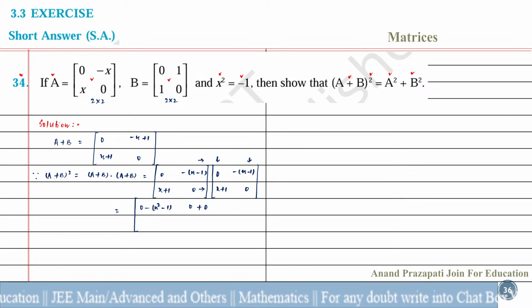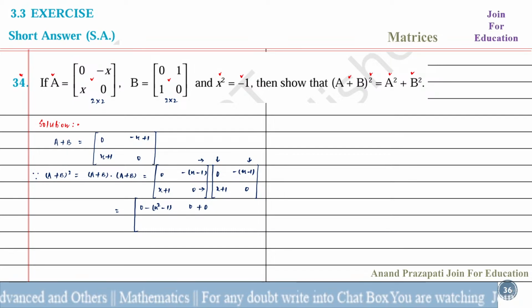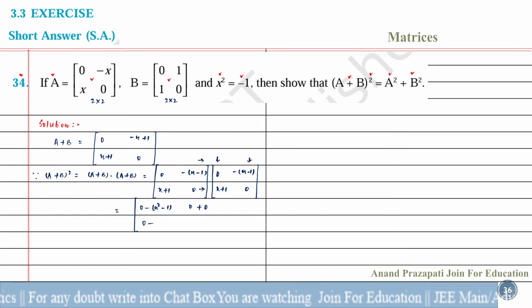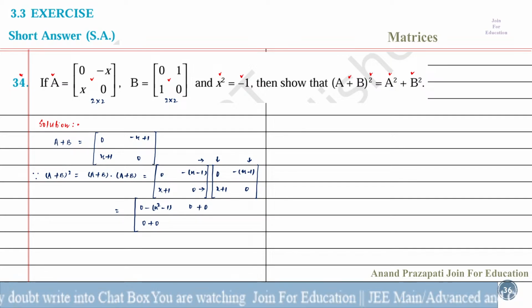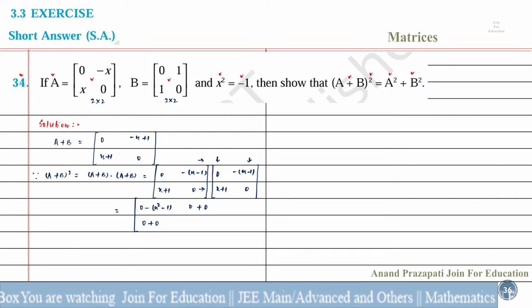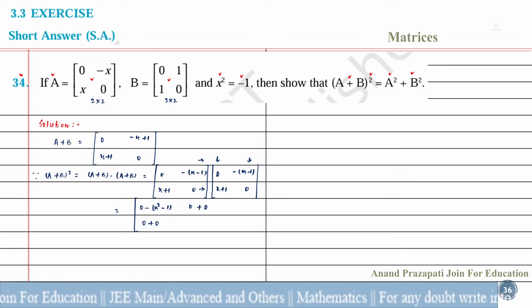Second row along first column, then x plus 1 into 0 equal to 0 and 0 into x plus 1 equal to 0. So we write down here 0 plus 0. Second row along second column, for the second element of the second row we multiply the corresponding element.